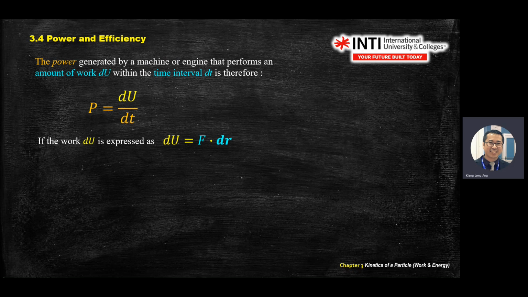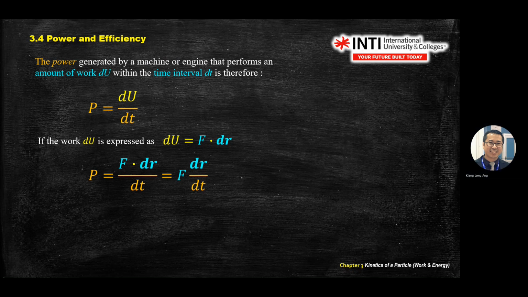So you know that your work is force dot product of your displacement. So when you put your equation dW over dt with this form, you can pull your F out. Because previously, your force is constant.